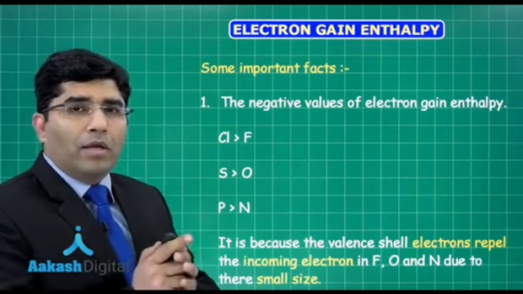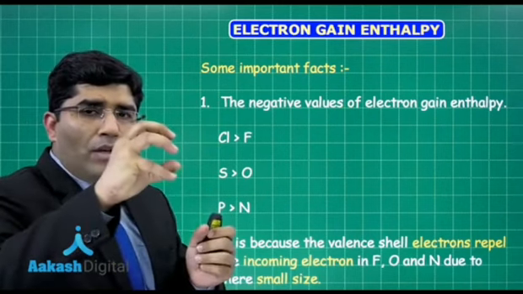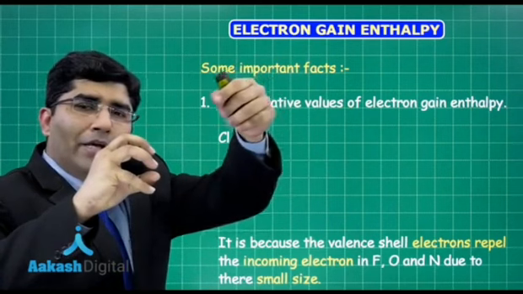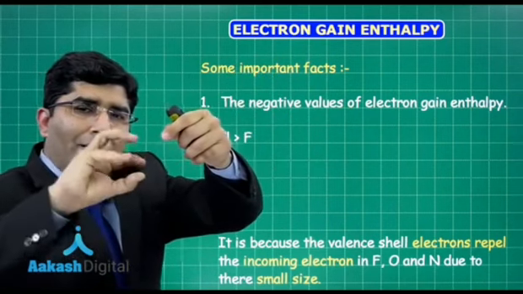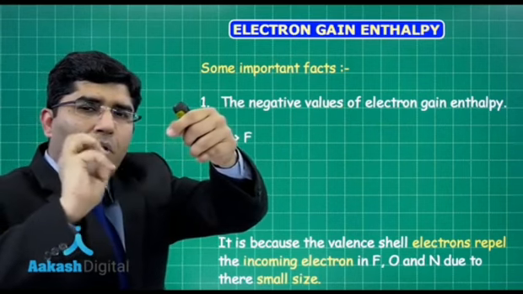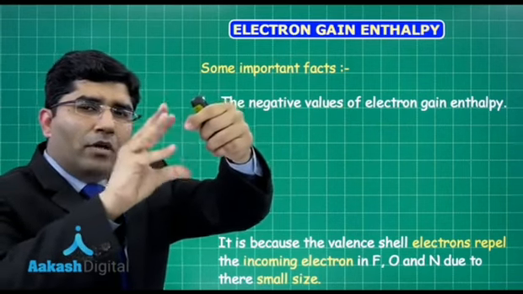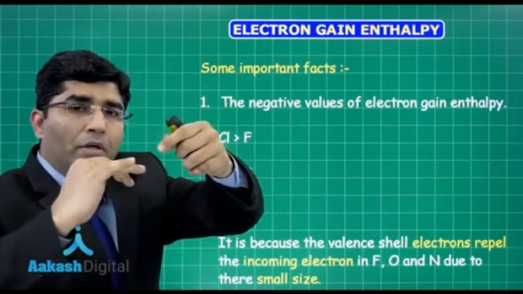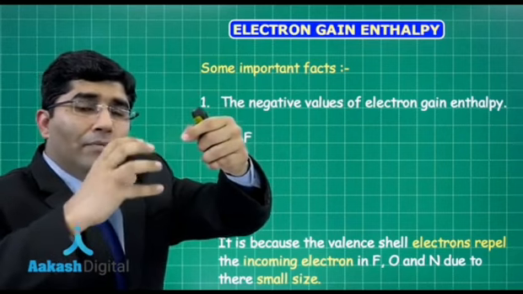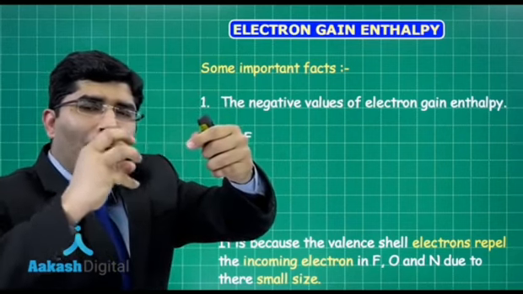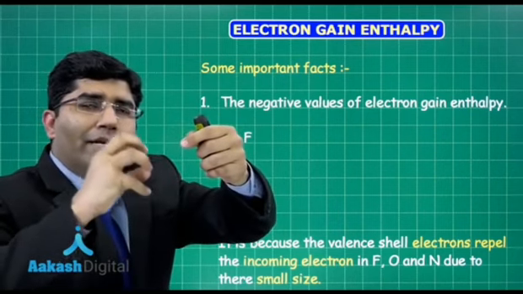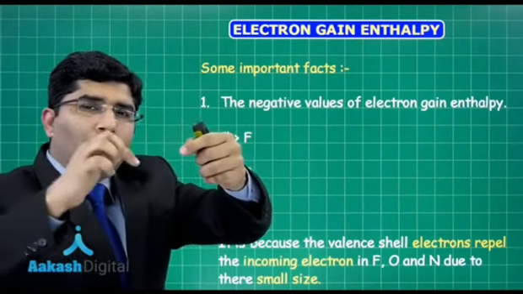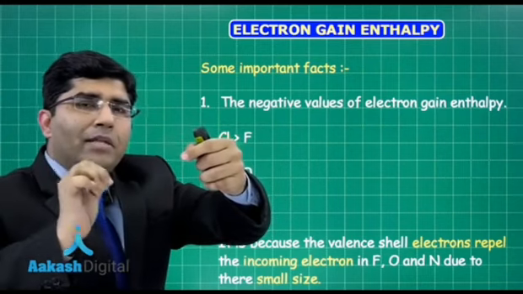If the size is very small, then when the electron comes, the already present electrons will repel that electron which is incoming to the valence shell. That's why, due to the compact size, due to the small size, it is very difficult for the incoming electron to adjust in the valence shell.